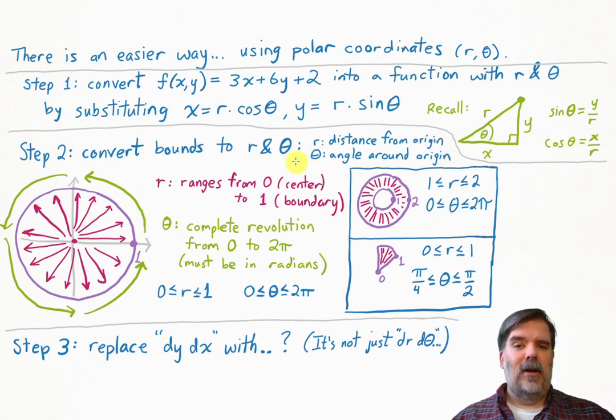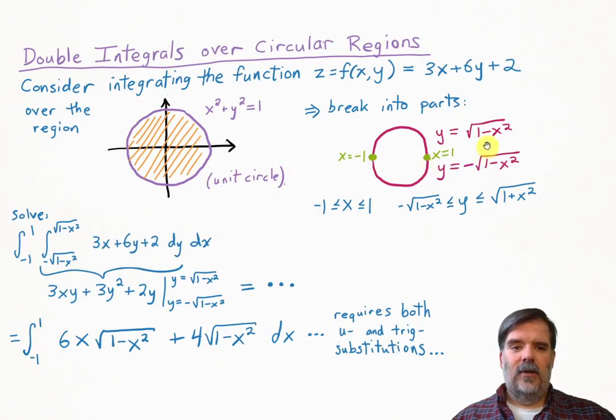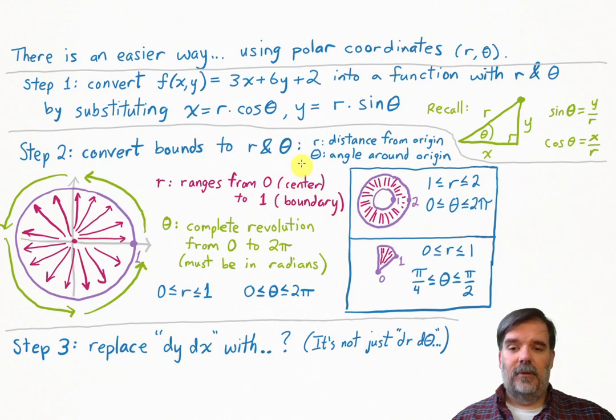It turns those complicated expressions involving those square roots into something much simpler. So for the unit circle, r ranges from 0, the center, to a distance of 1 in all directions. So the boundaries on r are from 0 to 1, all the way around. So that's our first boundary.